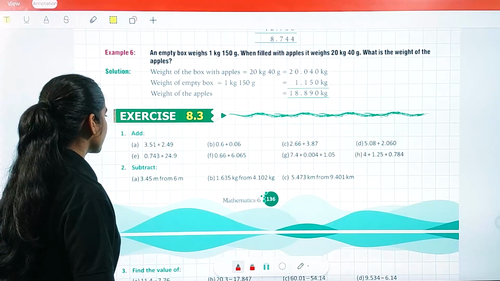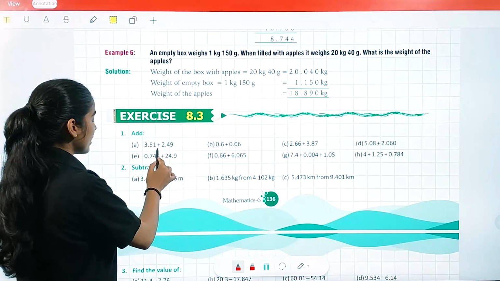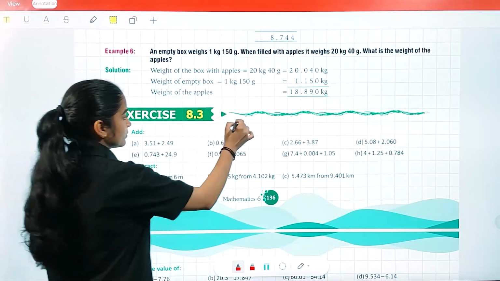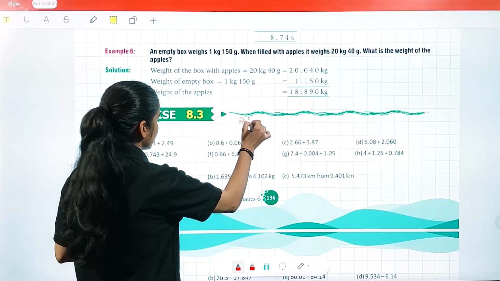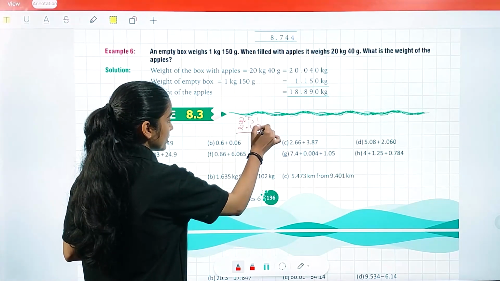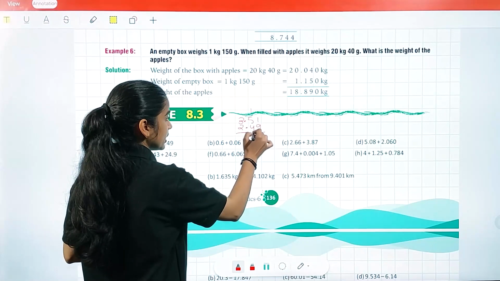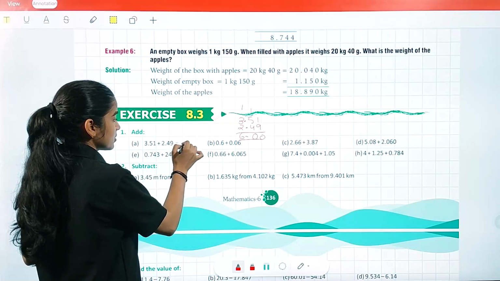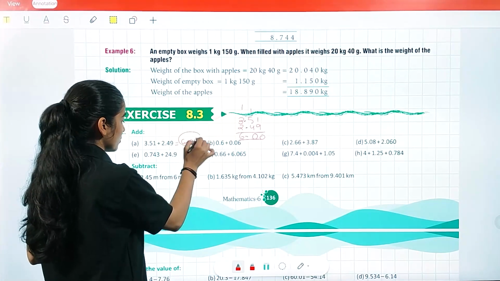Now we move forward to our exercise 8.3. 3.51 plus 2.49. 9 plus 1, 10, 1, 10, 1, 6. This is your answer, 6.00.